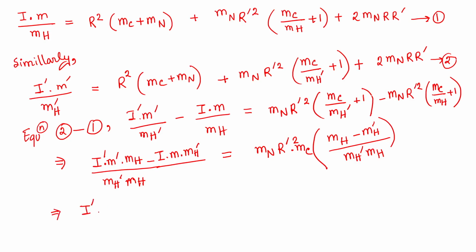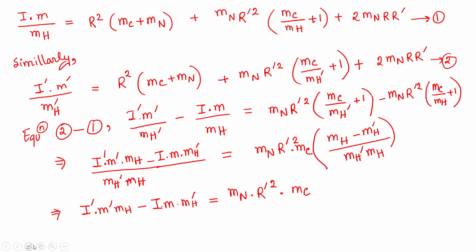That I dash m dash mh minus I m mh dash is, sorry, then it is mass of nitrogen, then square of this, then MC.